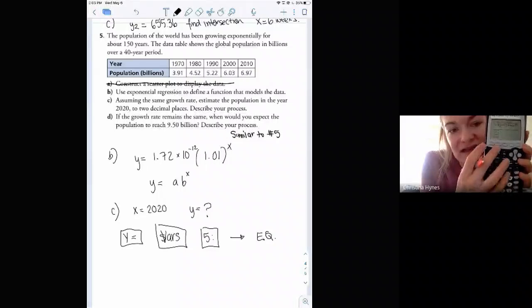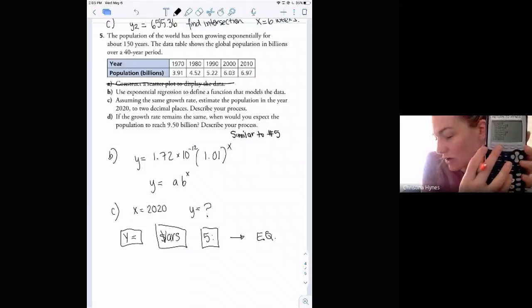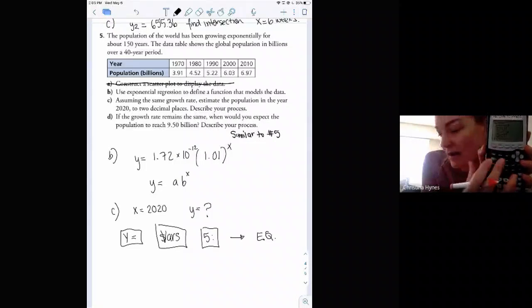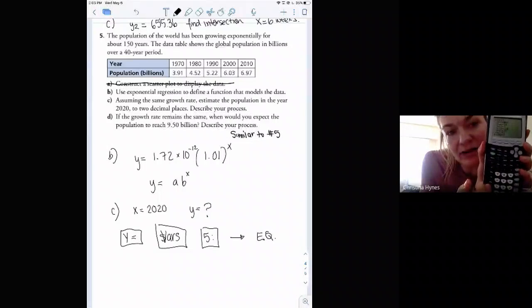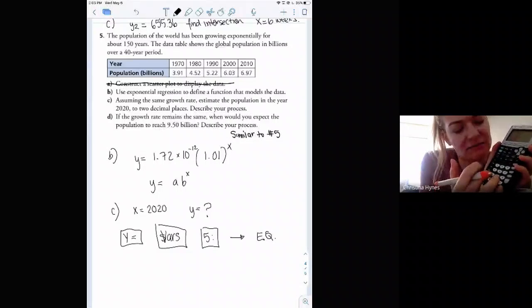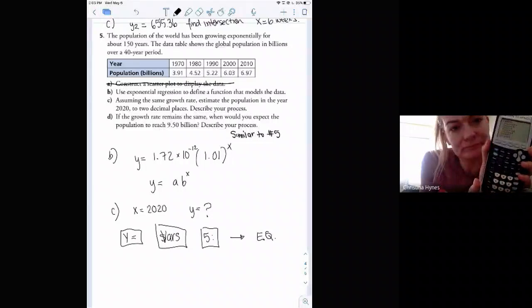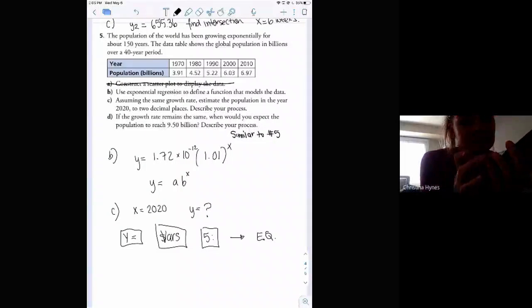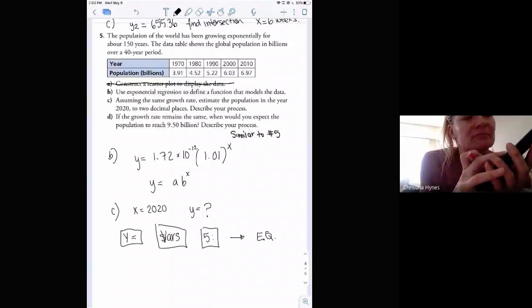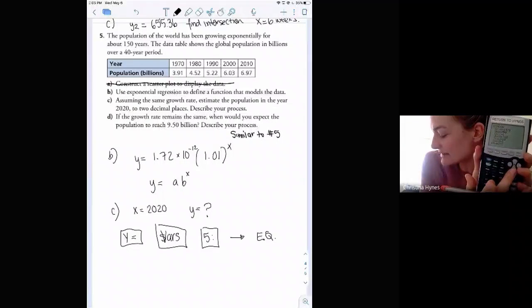Once you have that done, you're going to go to your window and change your window according to the numbers that you have. X represents my year. So I know that I'm going from the year 1970 up to the year 2010.